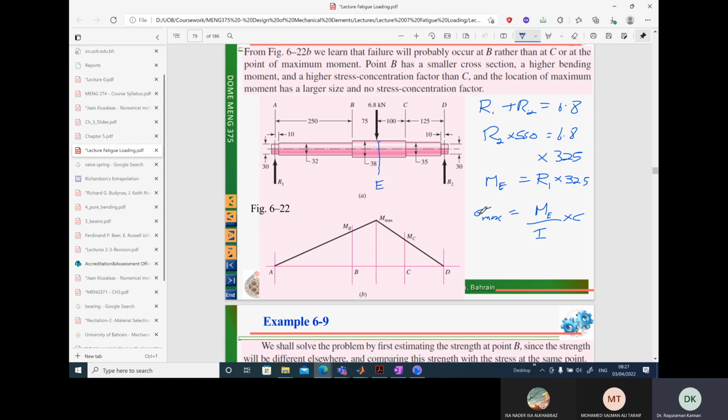The sigma min value will be the negative of this value. Okay, and then we can find the amplitude sigma A. Finally, since it is a completely reversed load, sigma A should be equal to sigma max.